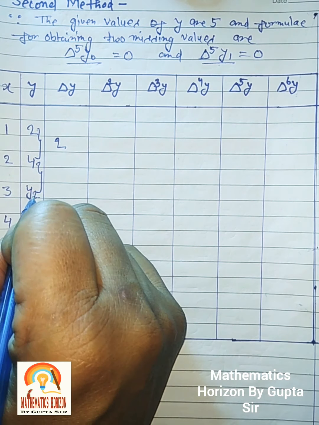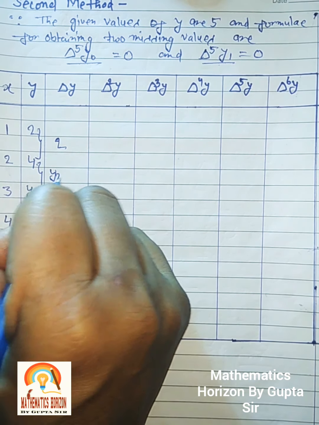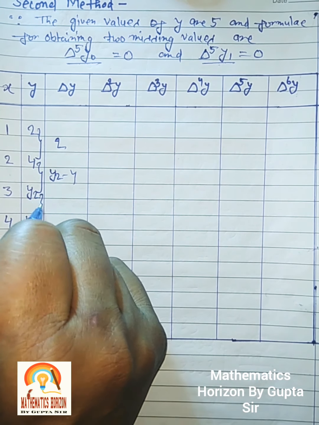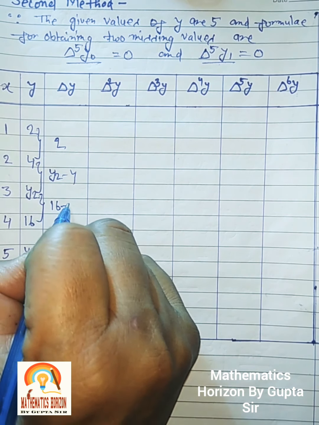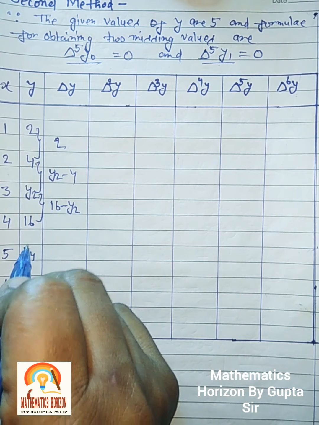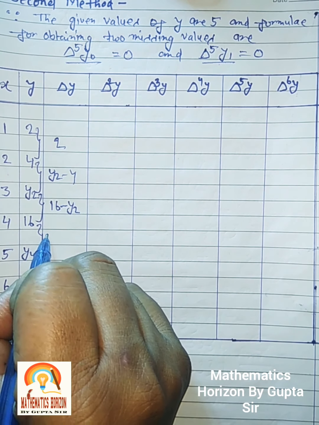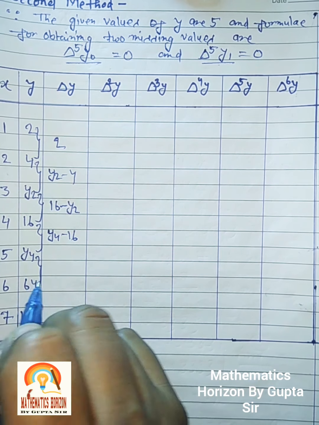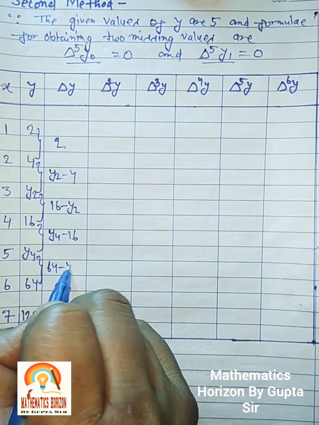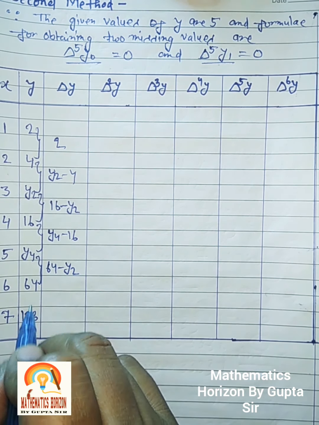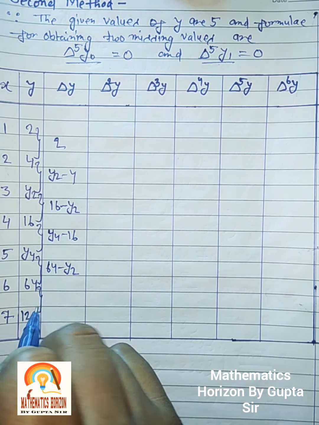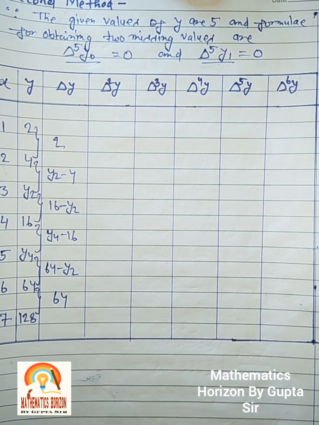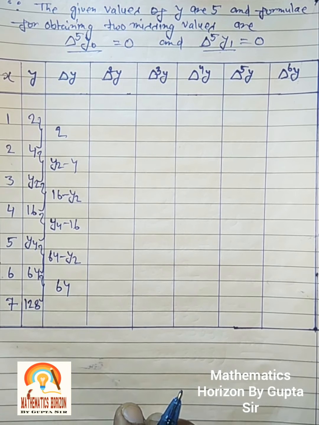Here we get y2 minus 4. Differences of those two, 16 minus y2. Differences of these two, y4 minus 16. Differences of these two, 64 minus y4 and 128 minus 64, that is 64. These are the differences of first order.